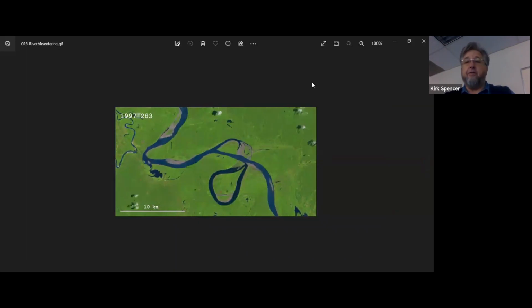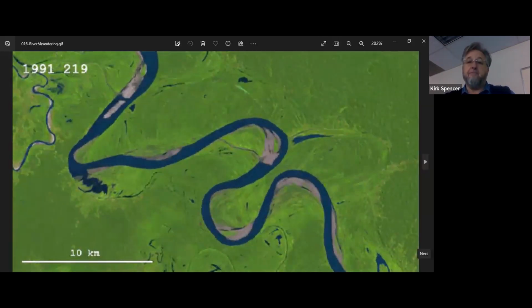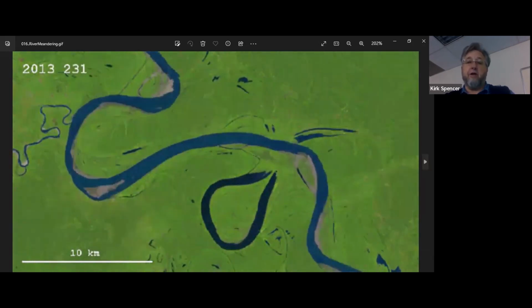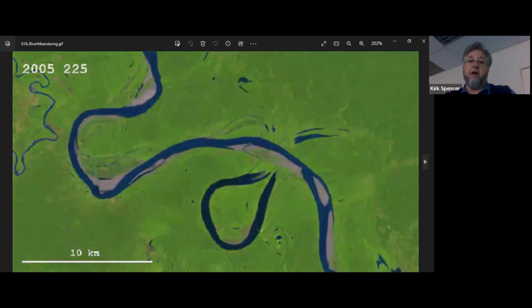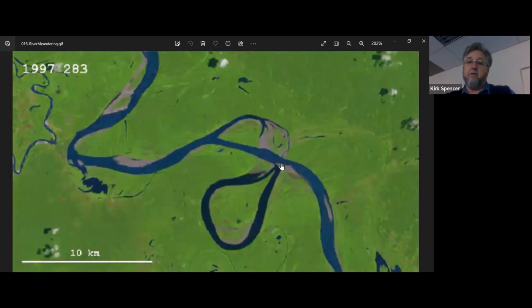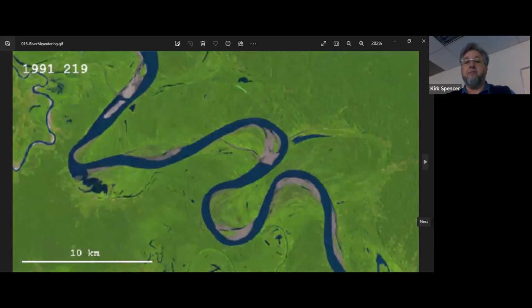This is a GIF that shows the process of a neck cutoff that I'm describing. They've just taken several satellite images and put them together. See how the river valley is snaking back and forth? Comes in, cuts off, that becomes an oxbow lake. Does that make sense now?